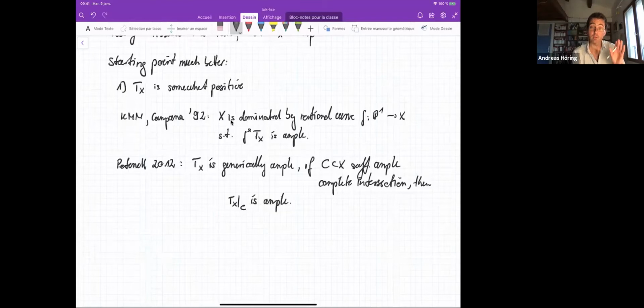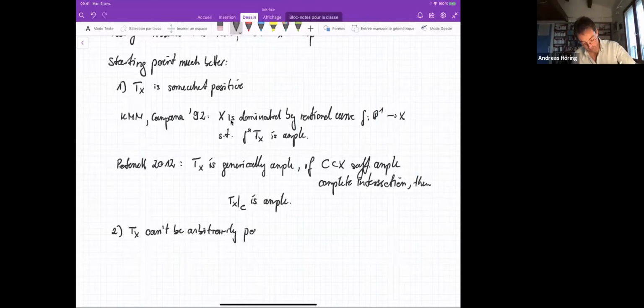So that's the one side: we already know that it's kind of positive. On the other side, we know that the tangent bundle cannot be arbitrarily positive. This is different to what we saw yesterday, where we have many manifolds where the cotangent bundle is ample. Here, when I look at the tangent bundle, that's not true.